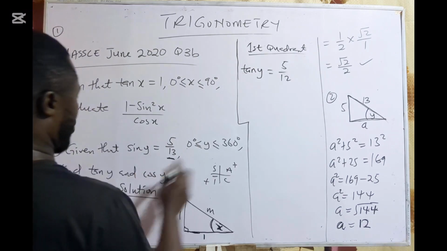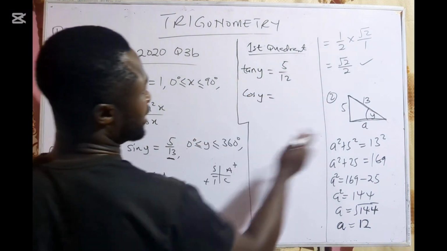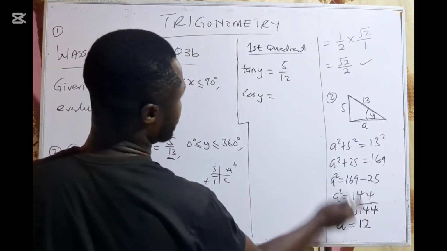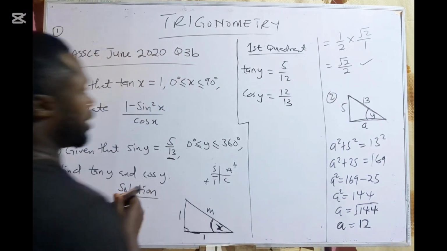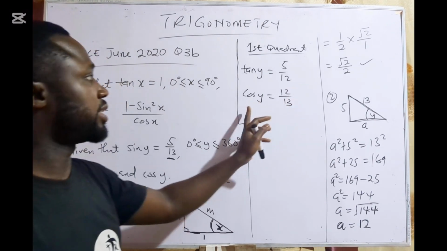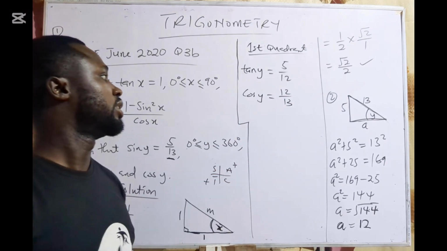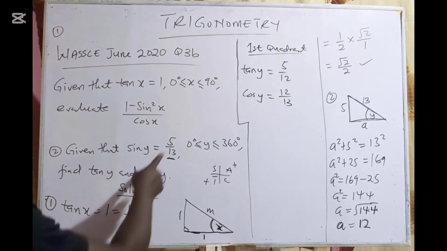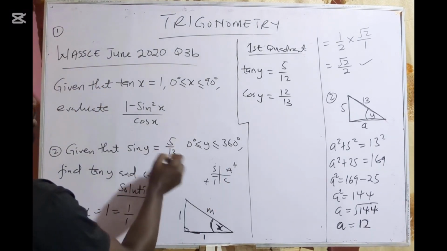And then my cos y, cos is adjacent on hypotenuse. My adjacent is 12, my hypotenuse 13. Alright. So in the first quadrant, tan is 5 on 12. In the same first quadrant, cos is 12 on 13. Then we come to the second quadrant because the sin y is positive.